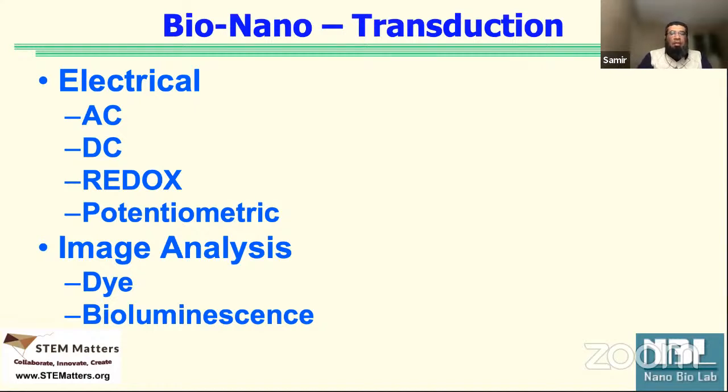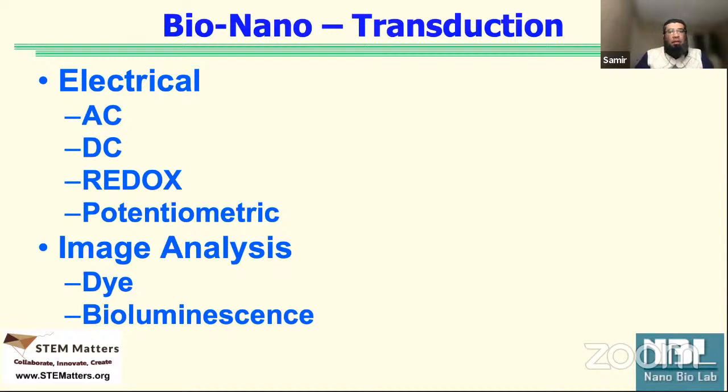Bioluminescence is the production and emission of light by a living organism. And it happens because of chemical reactions during which the chemical energy is converted into a photon, and that shows up as emitted light. So bioluminescence is used as well, which is part of that reaction of recognition in that sensor.